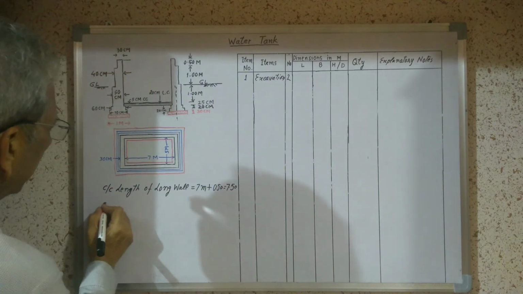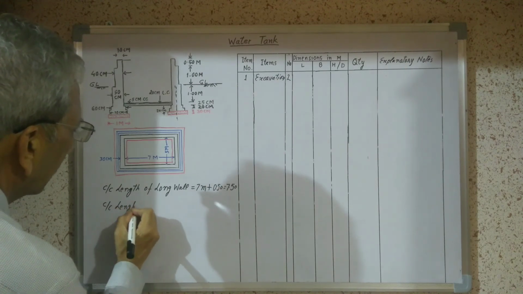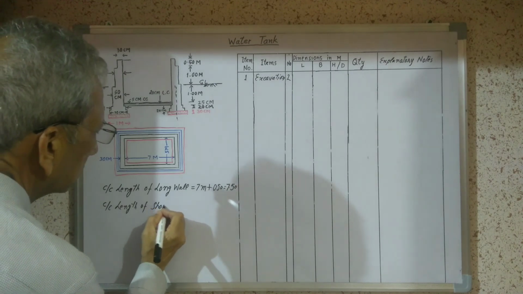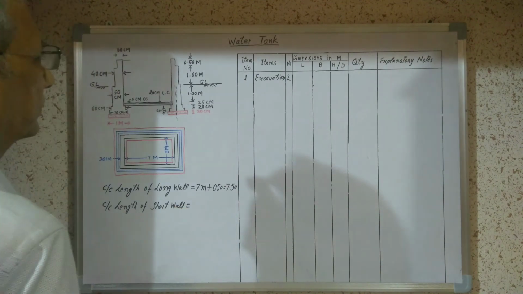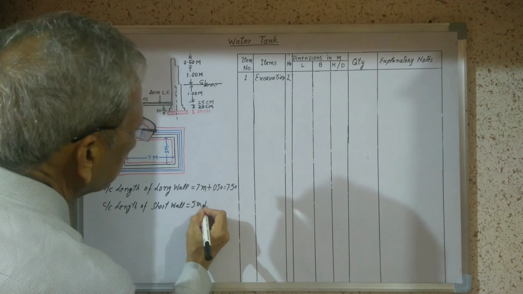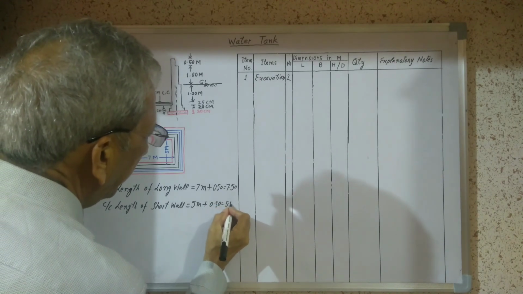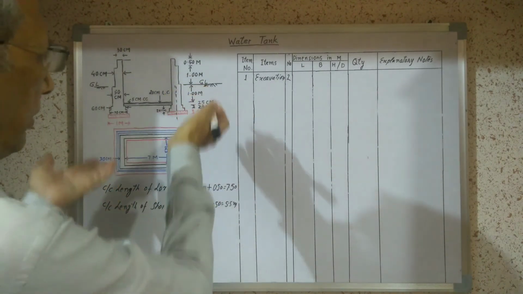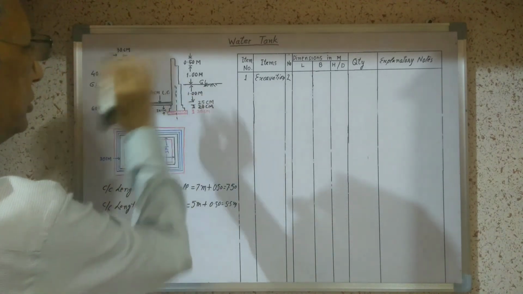Similarly, center to center length of short wall will be 5 meter plus 0.5, that is 5.5 meter. For the items above ground level, we will calculate when we calculate the quantity of those items.